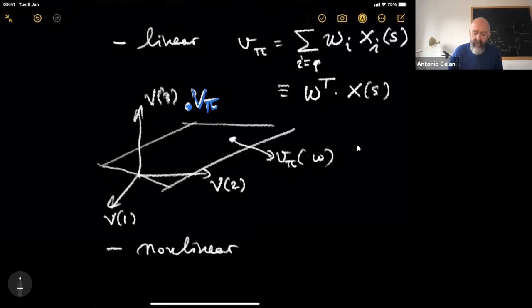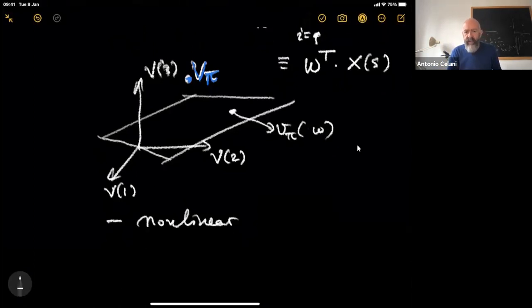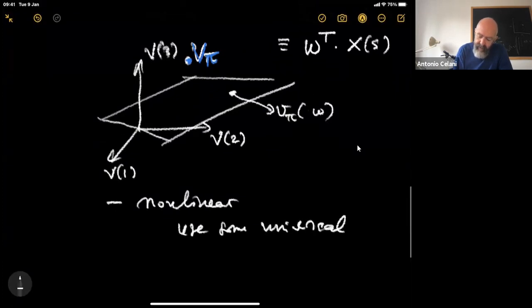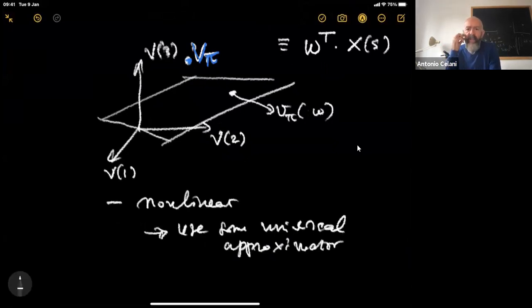So what you typically do, even though it's not necessary, is to use some universal approximator. So what is a universal approximator?